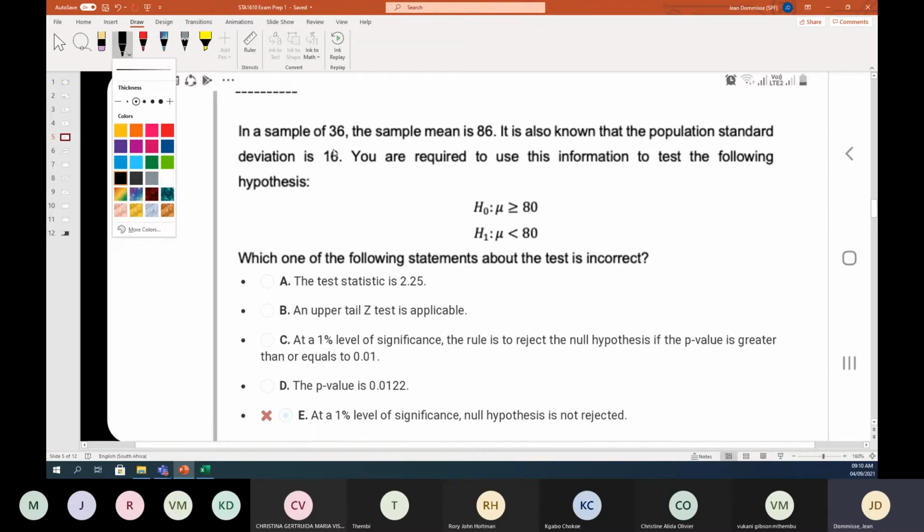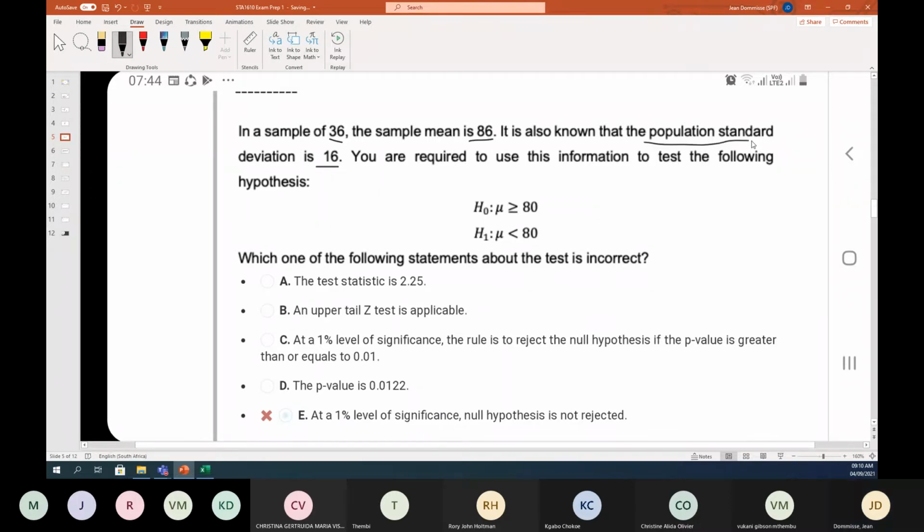Okay, so in a sample of 56, the sample mean is that. Also known that the population standard deviation is 16. Okay, so if we know what the population standard deviation is, we work with a Z. Okay, so that's nearly the first thing that I look at.